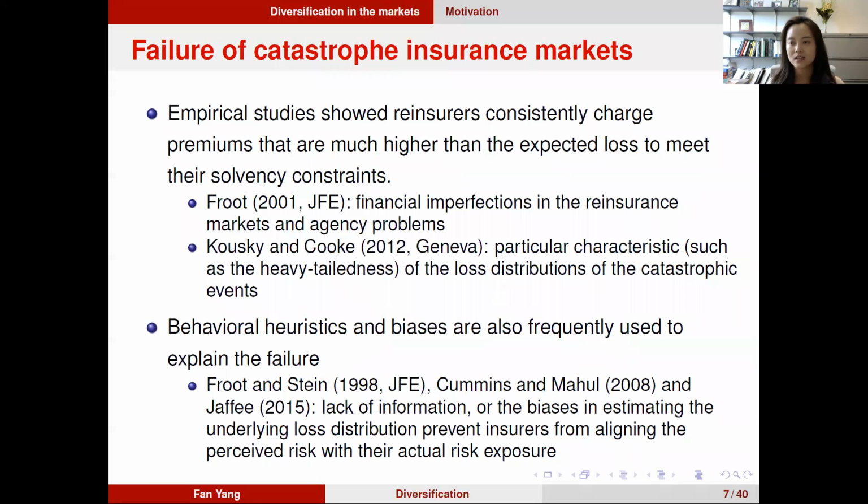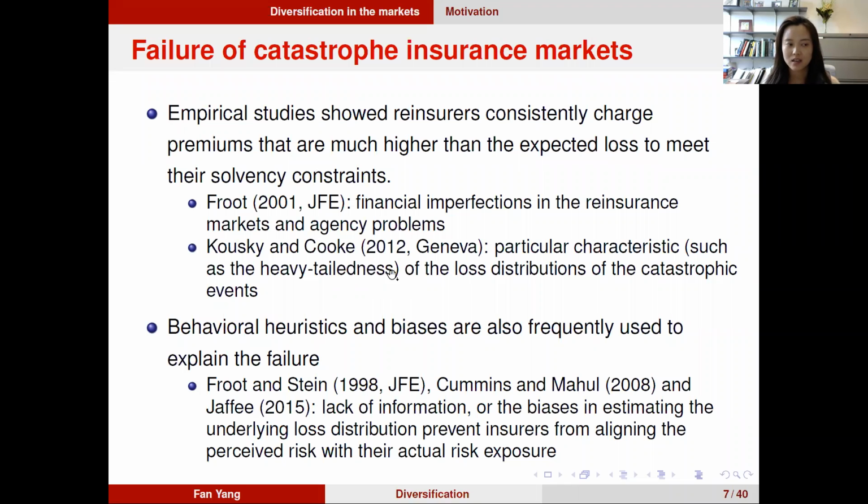Two major reasons we can see from the literature: the first one is that the market itself is imperfect. That means the market actually has the ability to solve the issue, but it just doesn't function as it should. This indicates a coordination problem, or how the market should be managed.